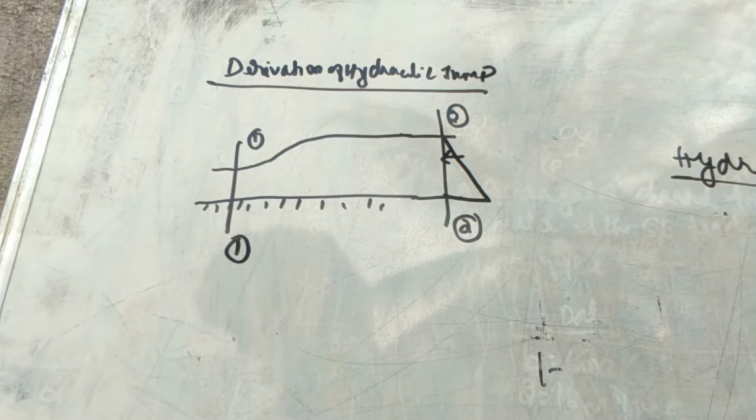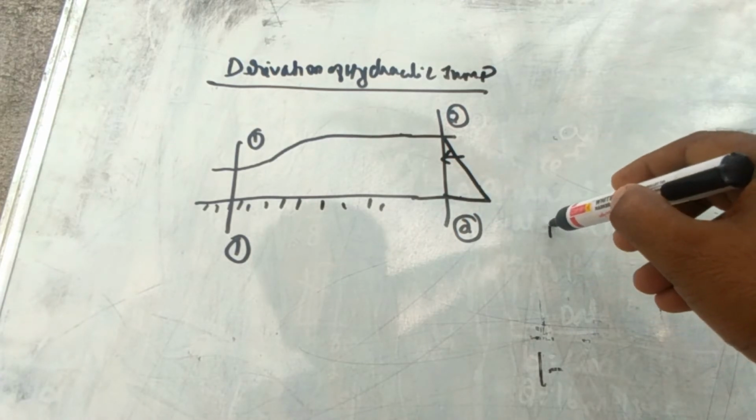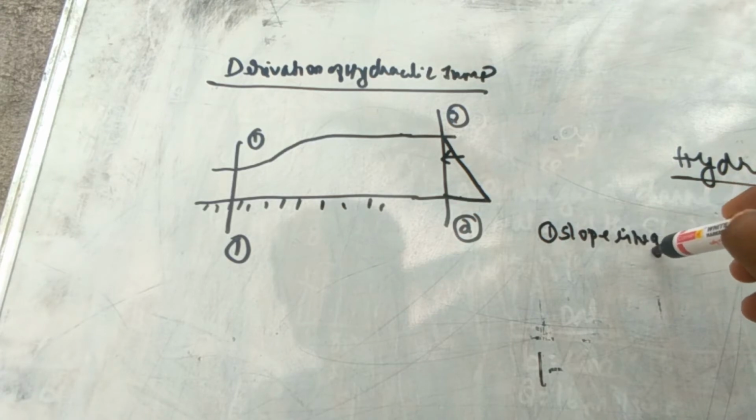Here we need to make a pressure distribution diagram, and the slope is negligible, because it is a very small portion of slope.